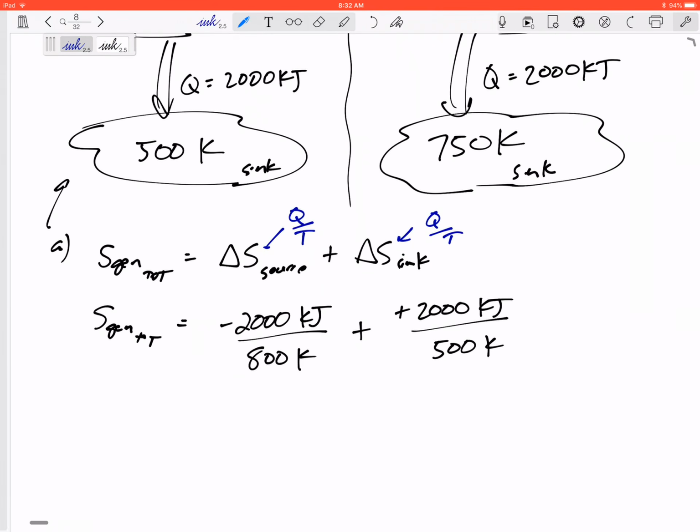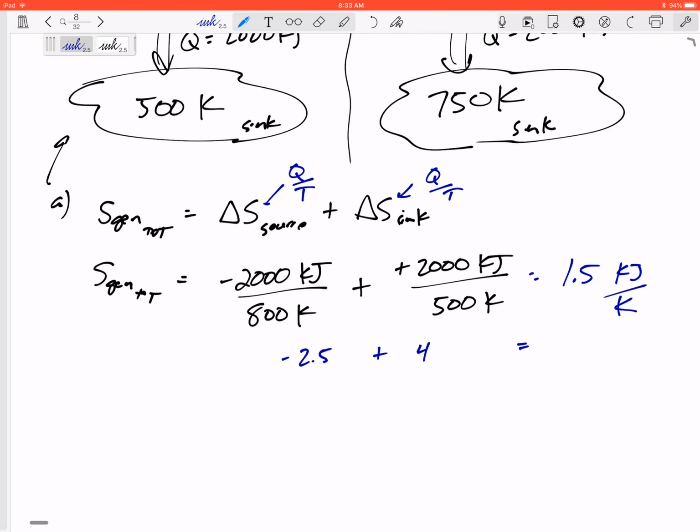So this is what value? Negative 2.5 plus 4 equals 1.5 kilojoules per Kelvin is the S-gen of the first scenario. A source at 800, a sink at 500.